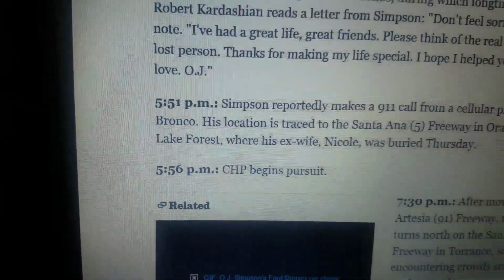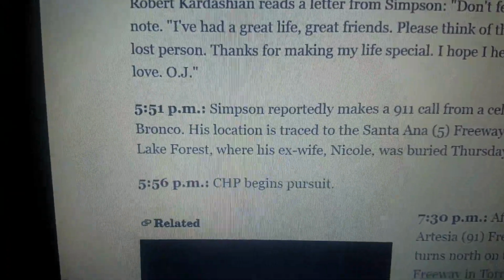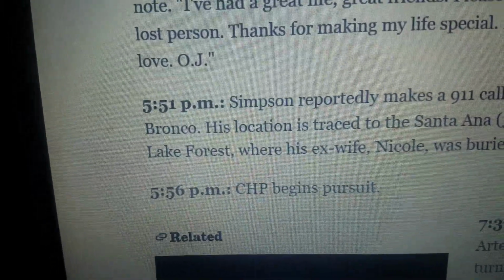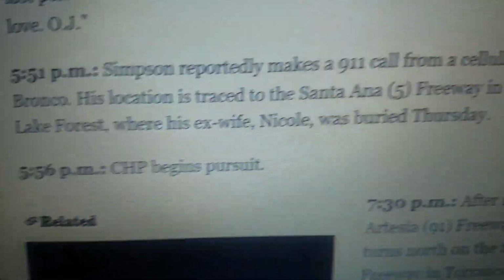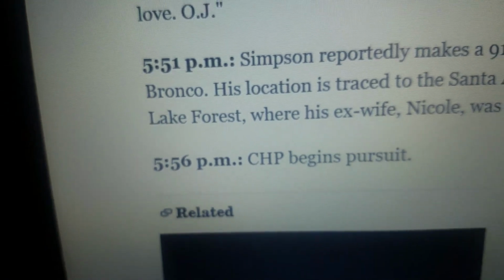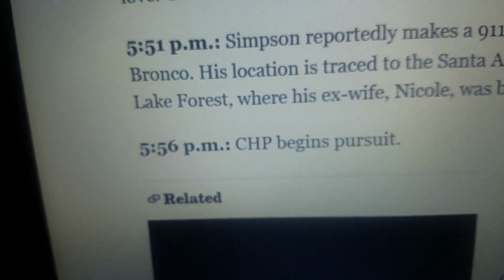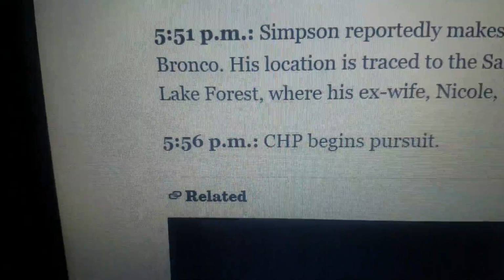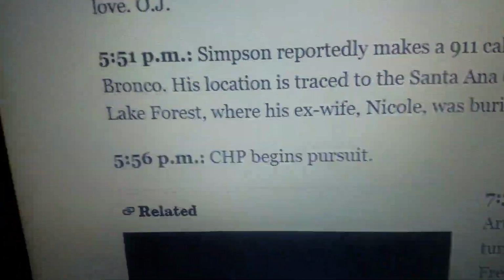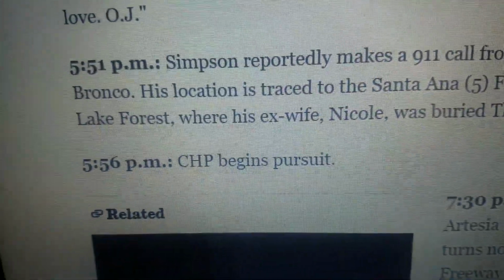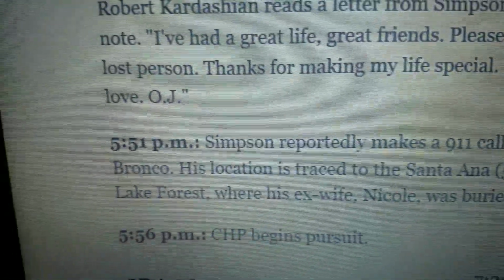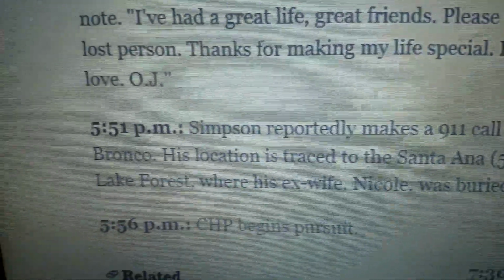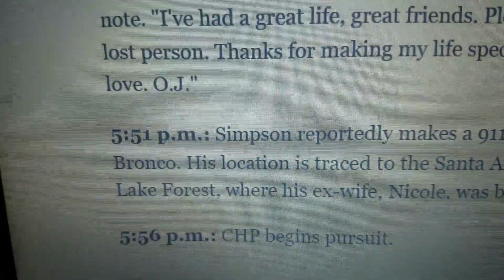So he called 911 at 5:51 p.m. When you add 5, 5, and 1, you get 11. The police chase began on the Santa Ana 5 freeway at 5:56 p.m. 5, 5, and 6 give you 16, which is 7. He called the police at a time that goes back to the number 11.